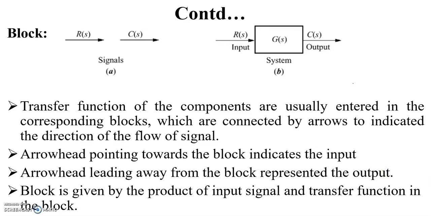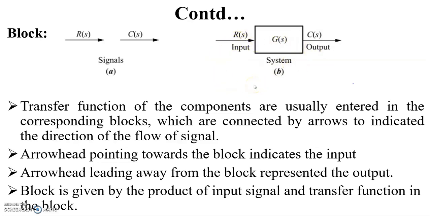So what is a block? In a block diagram, all the system variables are linked to each other through functional blocks. The functional block, or simply block, is a symbol for the mathematical operation on the input signal to the block that produces the output. The transfer functions of components are usually entered in the corresponding blocks, which are connected by arrows to indicate the direction of flow of signal.